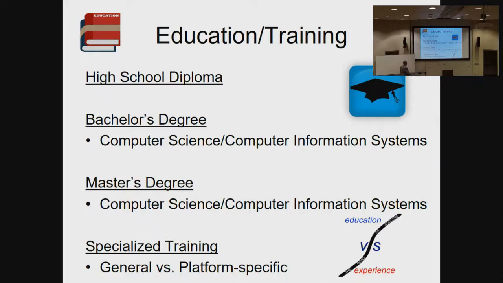And then you might get specialized training as well. For example, you might get trained in the particular brand of mainframe computer that you're going to program on, or the particular type of database that you're going to have to support. Or you might get trained with a networking certification in the brand of network that you're going to be building and supporting.